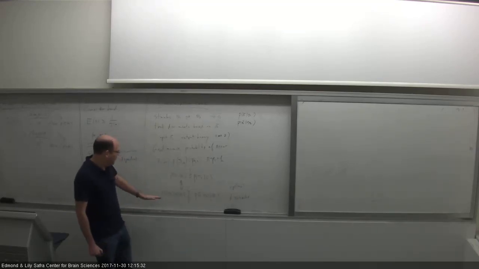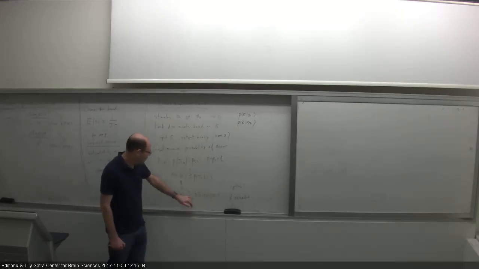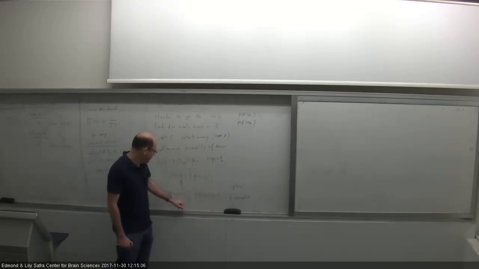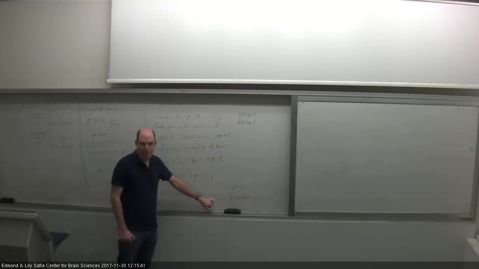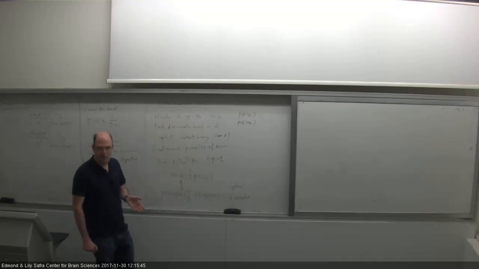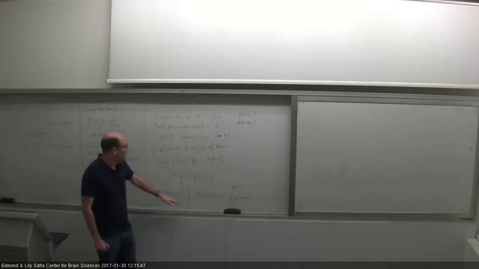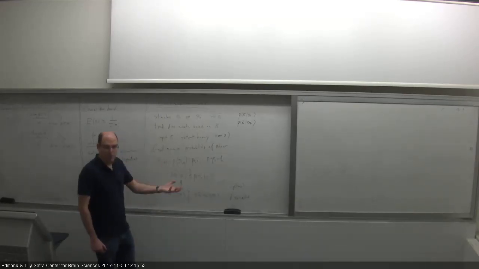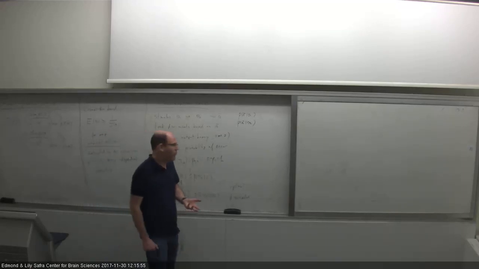Okay, the other case, which is the one that we will focus on just for simplicity, is that we will assume from here on that P of theta 1 is equal to P of theta 2, so the two stimuli have equal probability. It's very easy to generalize everything that I will do to the case where there is a prior which is not half-half. In that case, it's like a maximum likelihood choice.